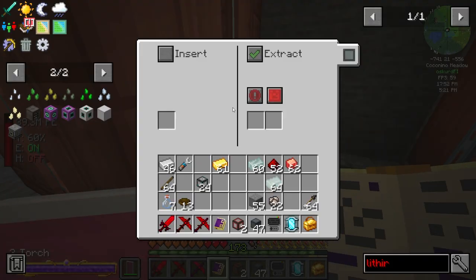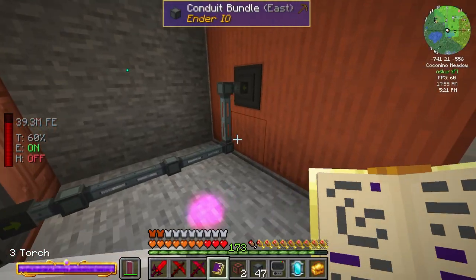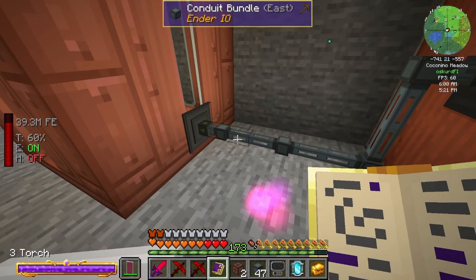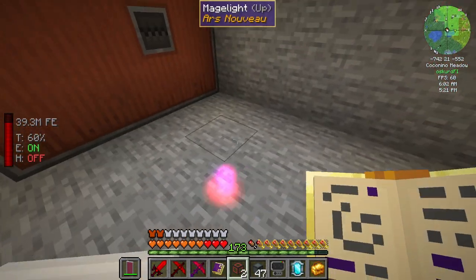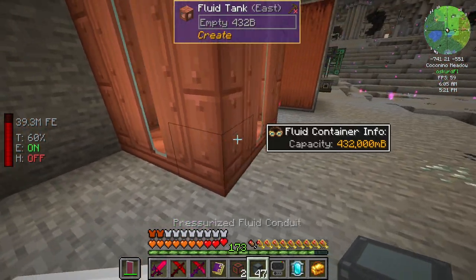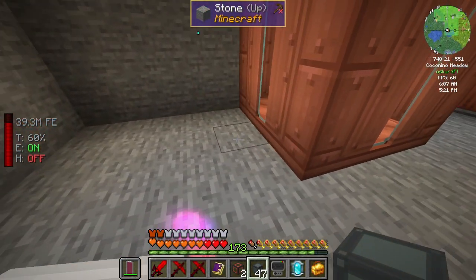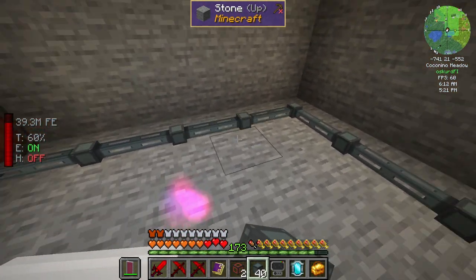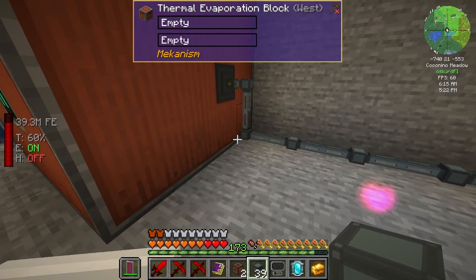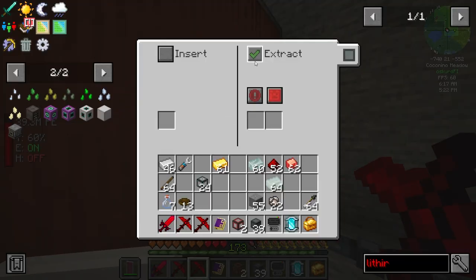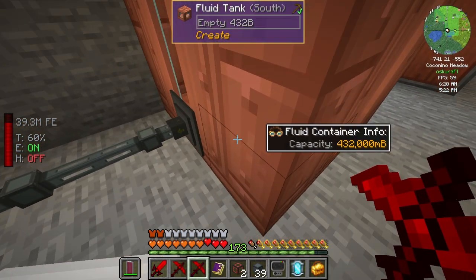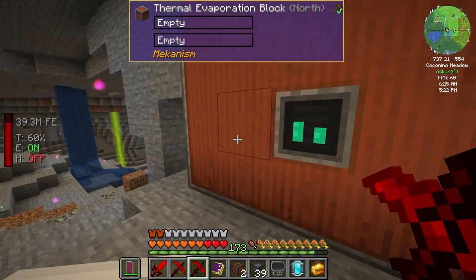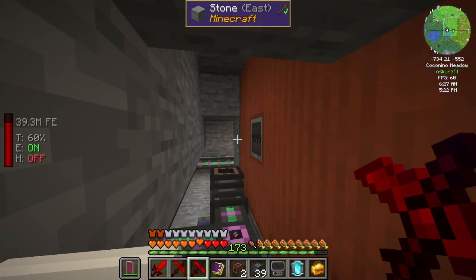Extract always on, insert not extract, and then from here, okay, that's this one at the bottom, so we can also do the same thing here, like so, and extract always on, insert not extracting. And then there we have heater on.